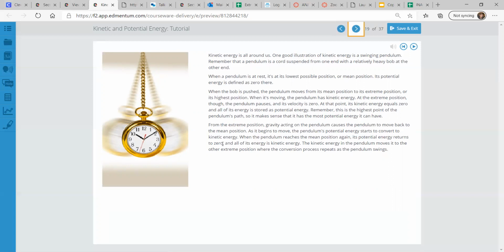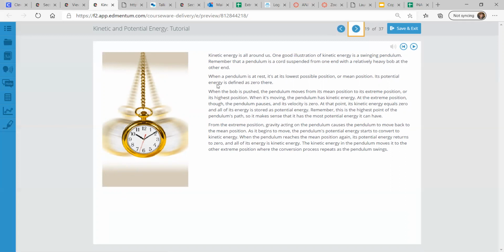It stops for a split second. At that point, its kinetic energy equals 0 because it's no longer moving at that specific second. And all of that energy is stored as potential energy. Remember, this is the highest point of the pendulum's path, so it makes sense that it has the most potential energy it can have.